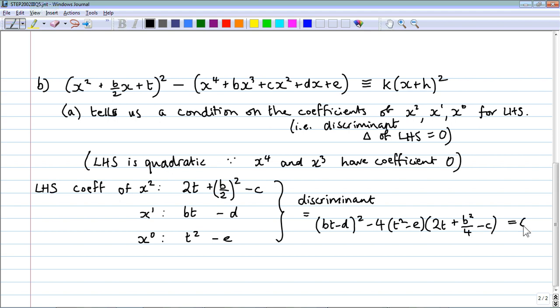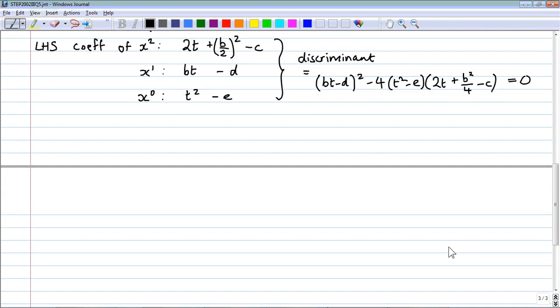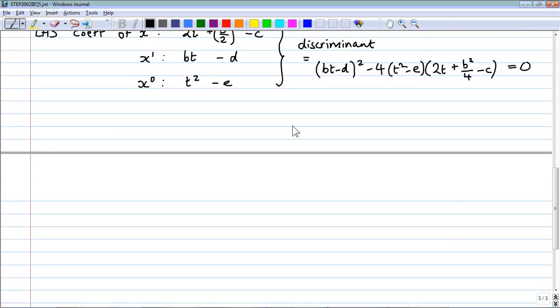So all of that must be equal to 0. And this is the required condition for t.